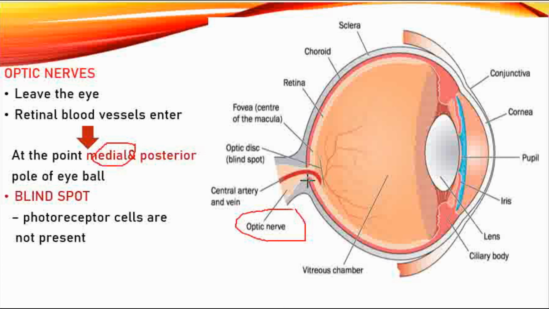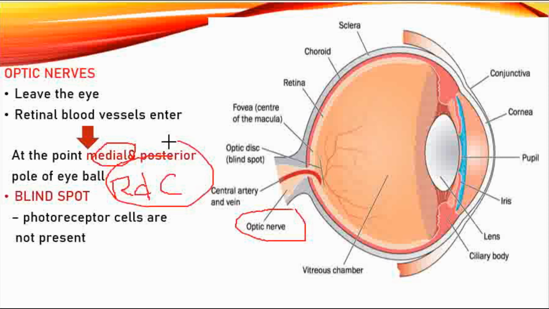In our previous picture also, we saw that the cells form the optic nerve, in the previous slide. So next, coming to the blind spot. What is a blind spot? It is called blind because there are no photoreceptor cells, no rods and cones, in this place. That is why we call it the blind spot.